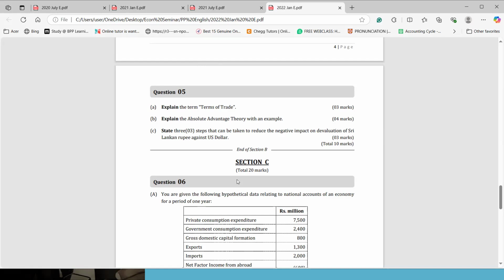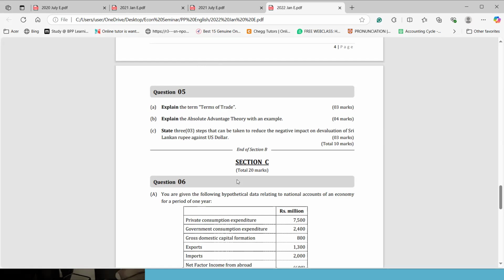And with the devaluation, exports are demanded. Then you have to encourage, you have to facilitate exporters to increase their supply. Sometimes we give financial facilities, we encourage them. Other support should be given to the exporters to increase the export. So then you can reduce the negative impact.